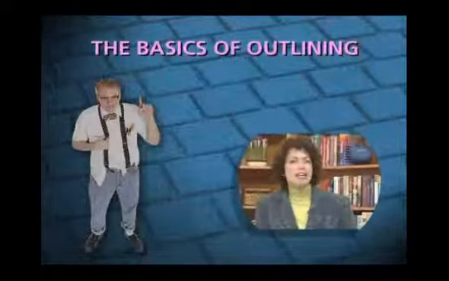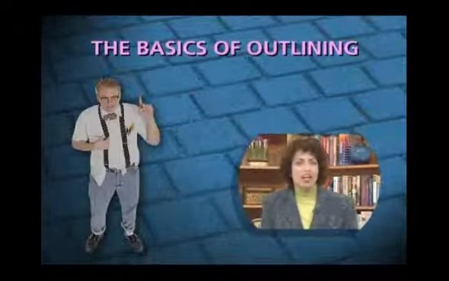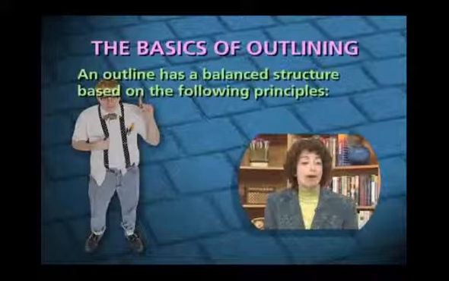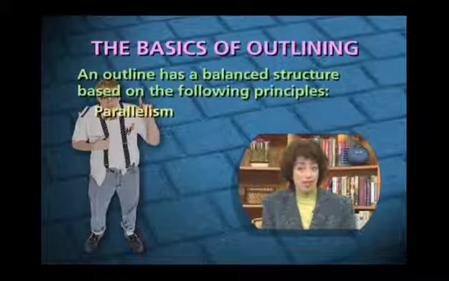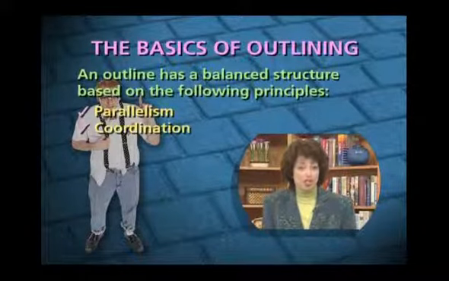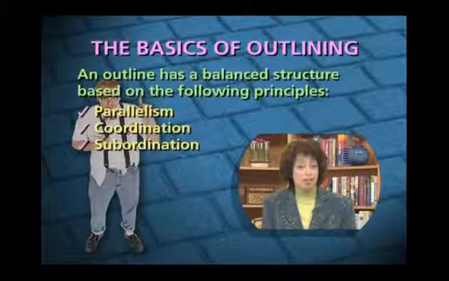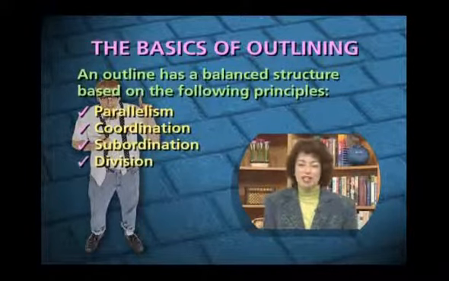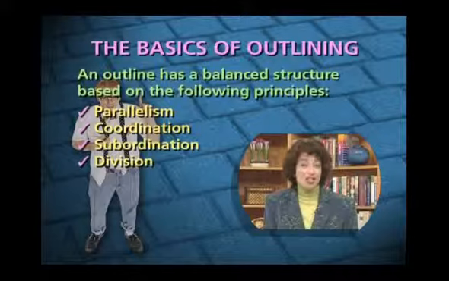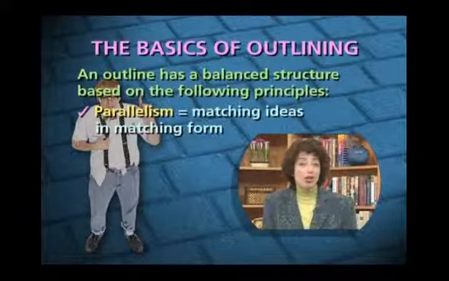So let's discuss the basics of outlining. An outline has a balanced structure that's based on the following 4 principles: parallelism, coordination, subordination, and division. Sounds a little complex, but it's really very, very easy and very, very logical.